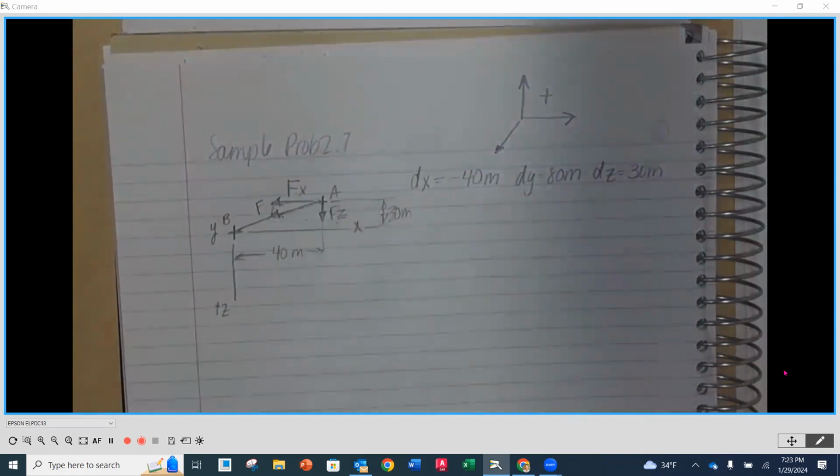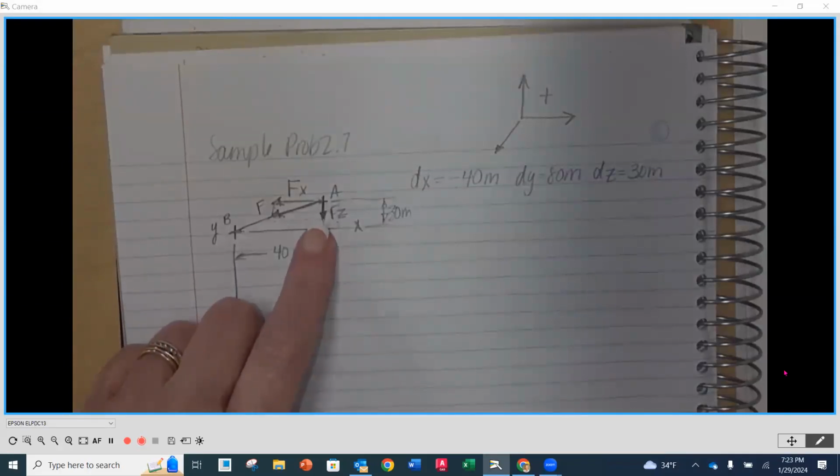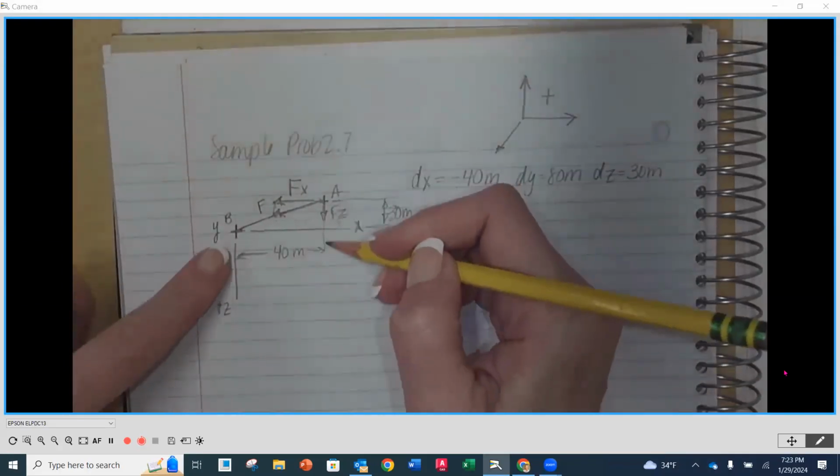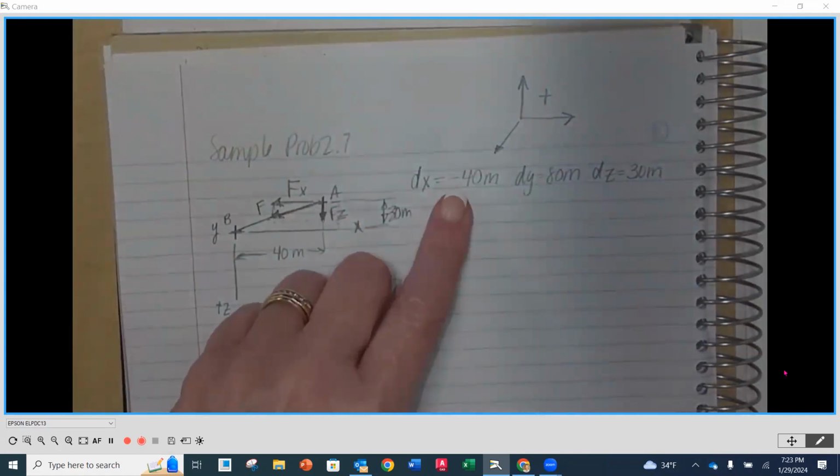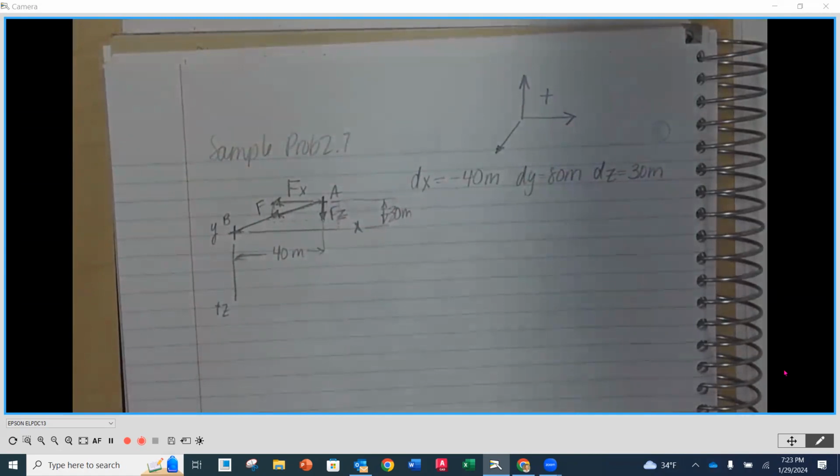That's why the dx is negative, because my x vector is pointing to the left. So Z is going down in the z direction, and x is going to the left in the x direction. Dx is negative, dz is positive. Practice that before class too. I looked at that a couple times.